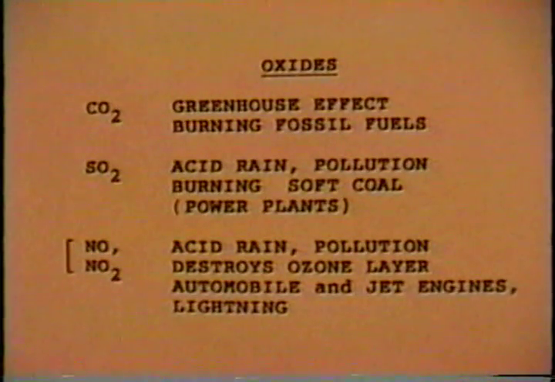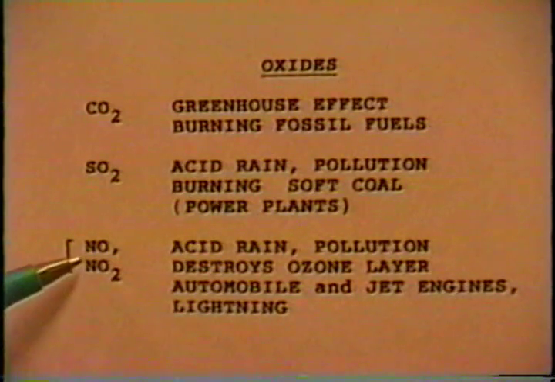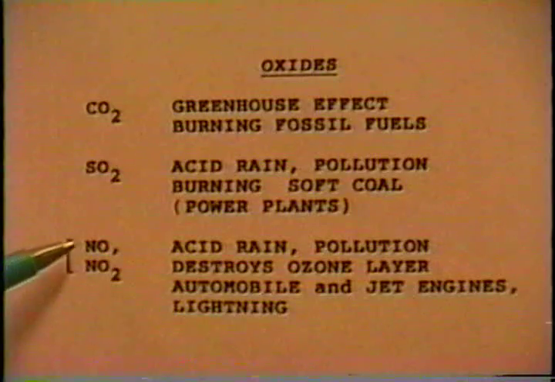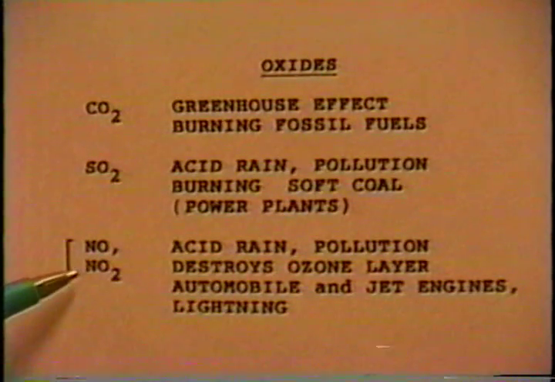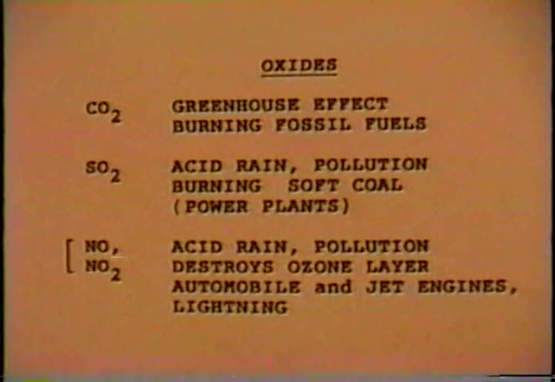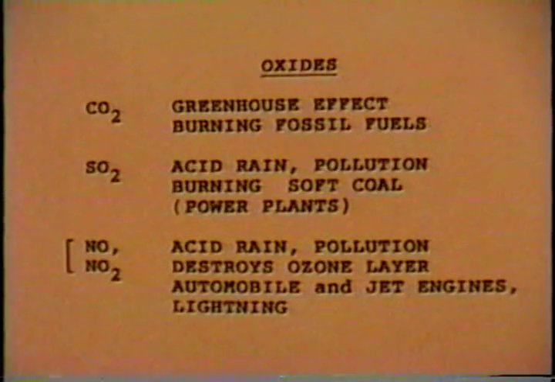Two major pollutants of the atmosphere and the principal causes of acid rain are sulfur dioxide and the nitrogen oxides, in particular nitric oxide and nitrogen dioxide. These are both acidic gases. The major source of sulfur dioxide pollution is the burning of sulfur-containing coal in Midwestern power plants.